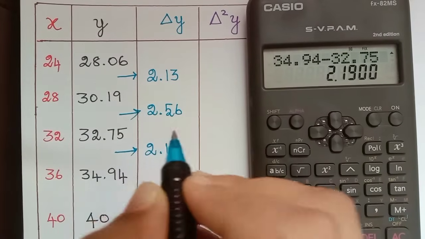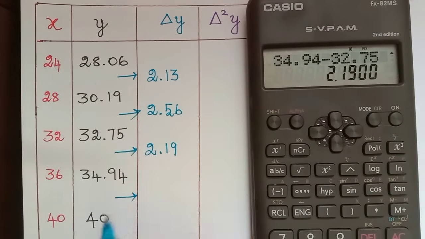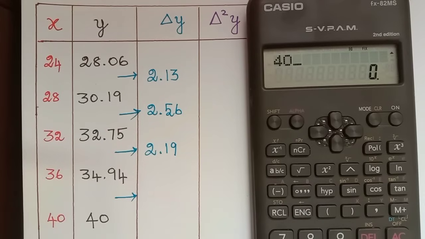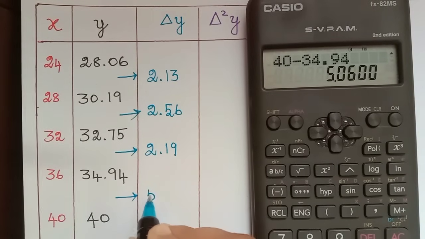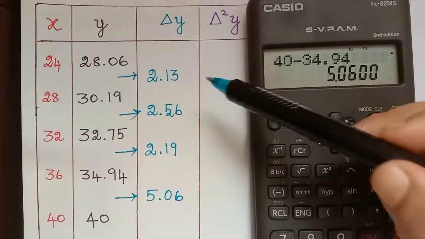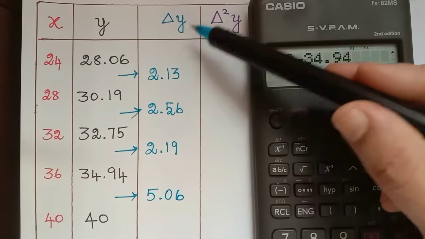So that we have to enter here. And at last here it will be 40 minus 34.94, which is equal to 5.06. So these are the first differences, delta y.